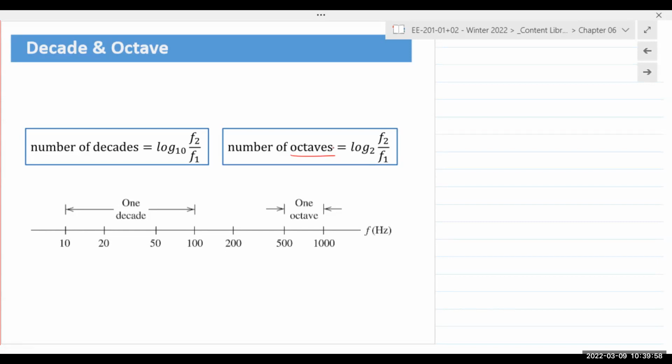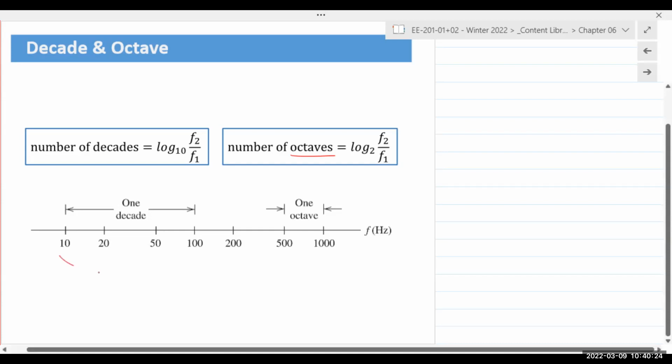So one decade, for example, goes from 10 to 100. The ratio of 100 to 10 is 10. Log of 10 gives you 1, so 1 decade. On the other hand, if you go from 10 to 1000, the ratio is 100, so log of 100 gives you 2.